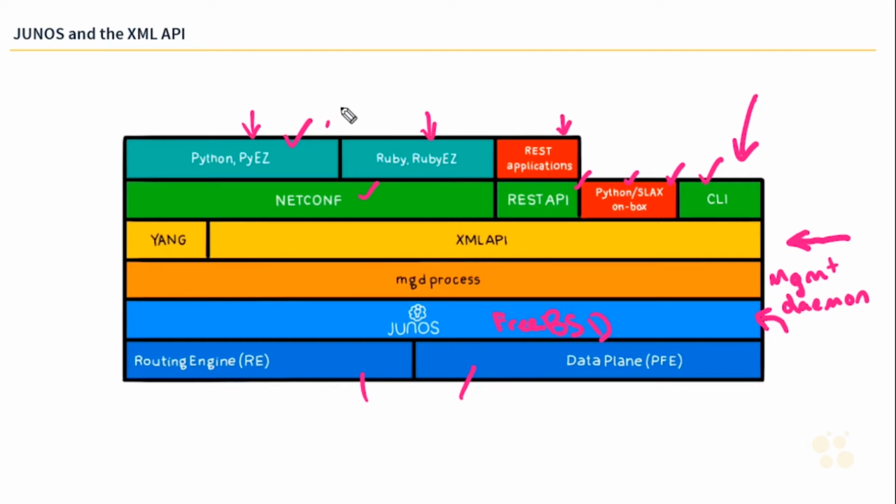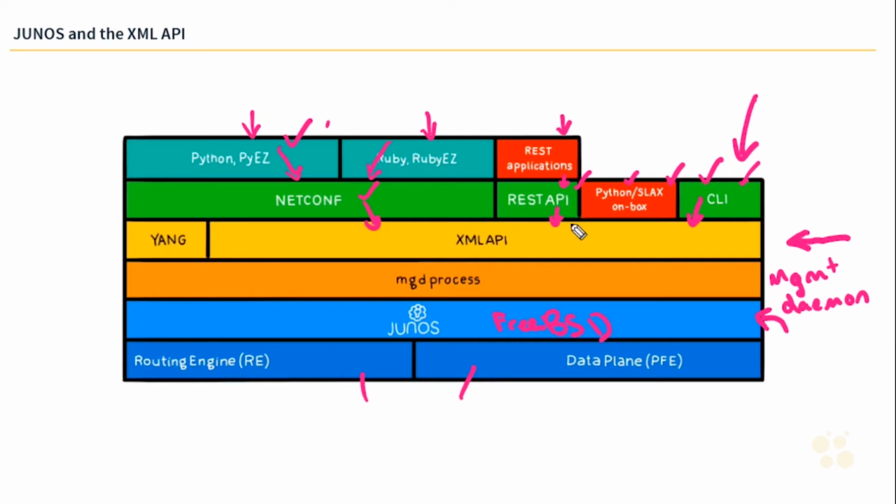But this could also be something like Postman, which could also be used to test REST APIs. You notice what happens here is Ruby and Python communicate using NETCONF. The REST application will use REST API, which is on an HTTP or HTTPS endpoint. The command line itself, we know what command line is, but all of this gets translated into XML.